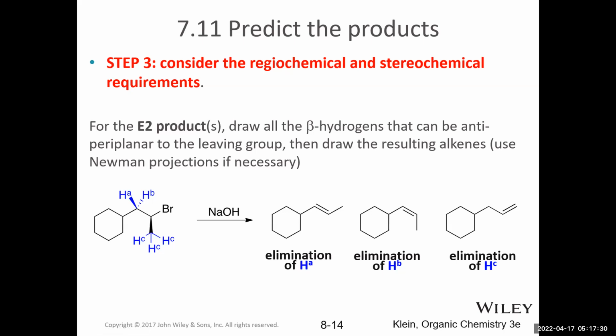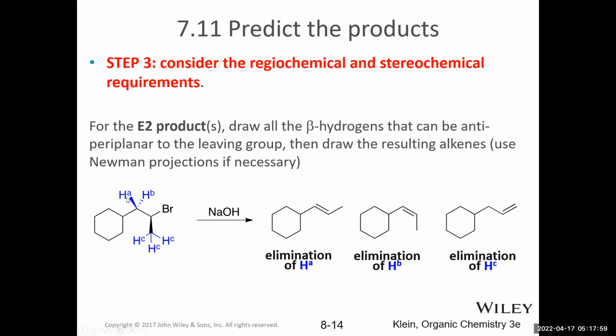So we don't have to draw a Newman projection in this particular case. However, we do want to draw in all the hydrogens at the beta carbons to figure out what alkenes are possible. If we remove a hydrogen that's labeled HC, we will end up with the product that's listed last here. That's the Hofmann product. And because this is not a bulky base, this will be one of our minor products.